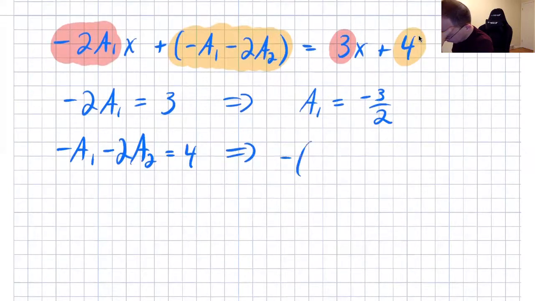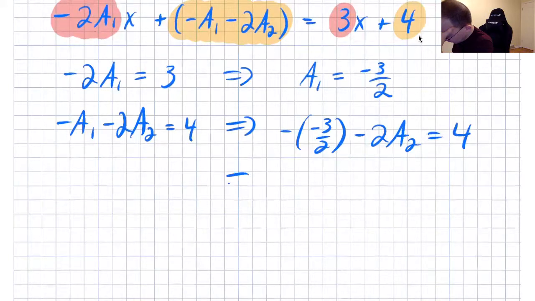So we get negative 3 over 2 minus 2a2 equal to 4. And what does that give us? So that'll be 3 over 2. And then I could divide both sides by 2. So I'll get 3 over 4 minus a2 is equal to 2.